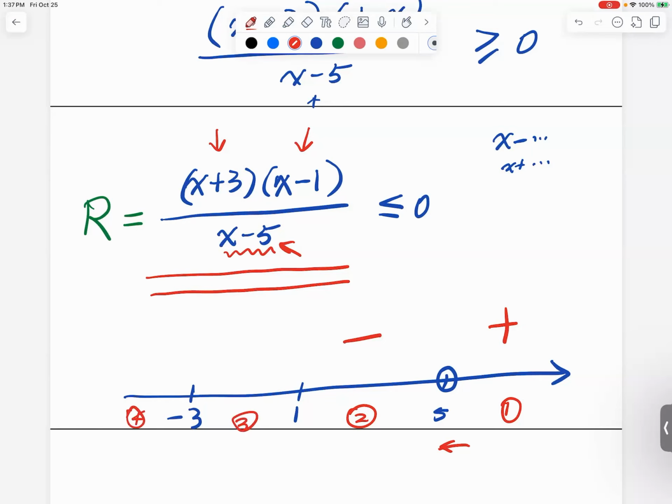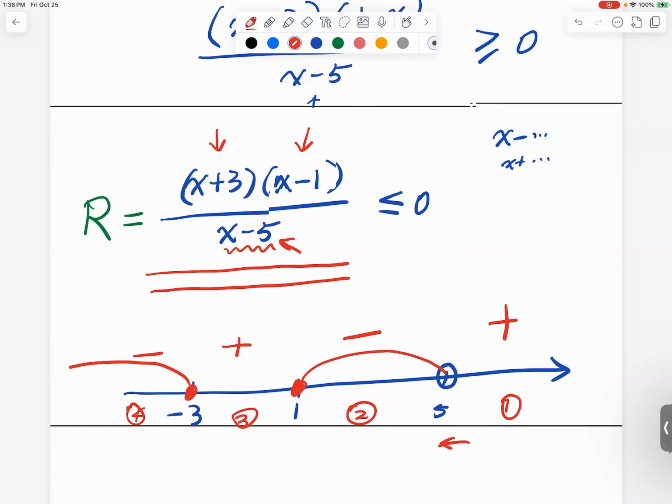All the terms have exponent 1, so you just have alternating signs. Now you are interested in R less than or equal to 0, so it can be 0. So the points -3 and 1 should be included, and we need negative intervals, so here and here.